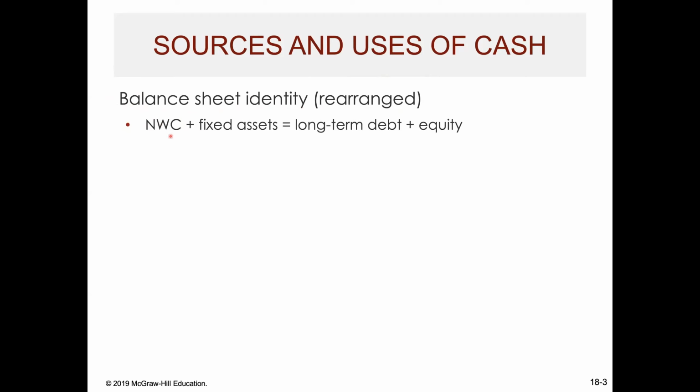Net working capital is just current assets minus current liabilities. So current assets minus current liabilities plus fixed assets equals long-term debt plus equity. We could move the current liabilities back over to this side and it would look very familiar. So that would just leave assets on this side, liabilities, both short and long-term, plus equity.